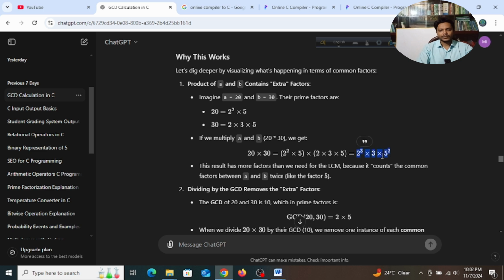Okay, so we don't need all the numbers, guys. We just need the common factors, because we are looking for a common number that will be divided by both. So we will take the least number of common factors. Let's say we have 3 twos here, 2 into 2 into 2.